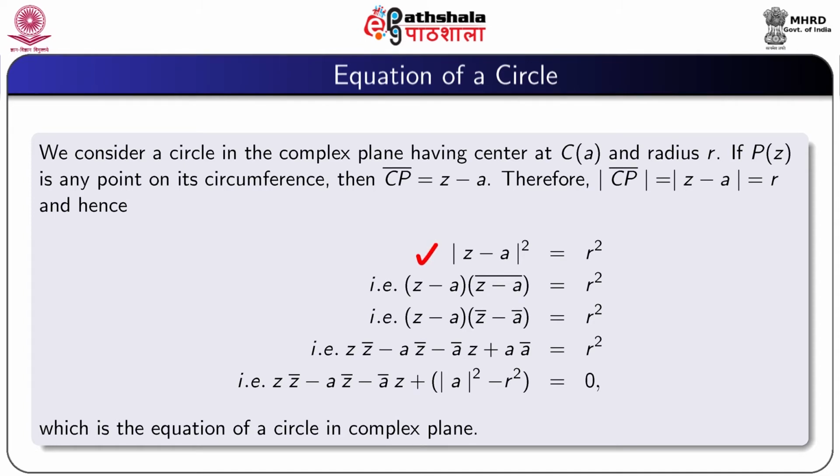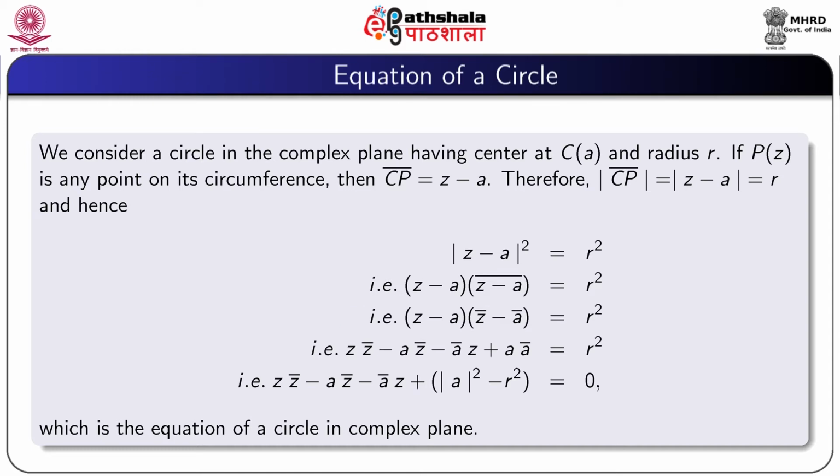We know mod z square is equal to z into z bar. So, from this we can write (z minus a) into conjugate of (z minus a) is equal to r square. That is (z minus a) into (z bar minus a bar) equal to r square.